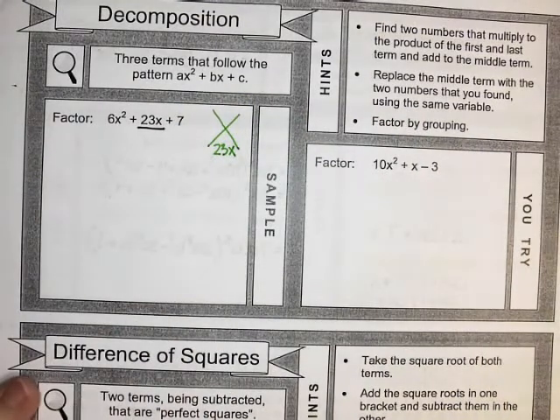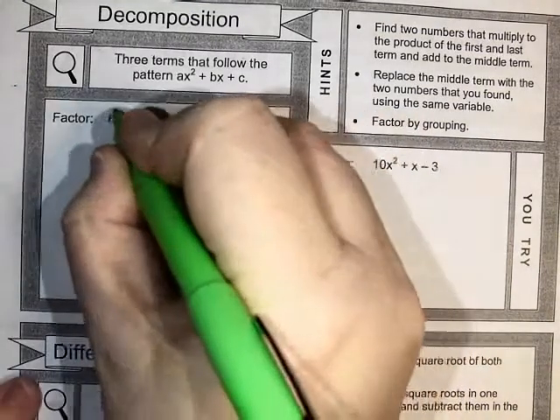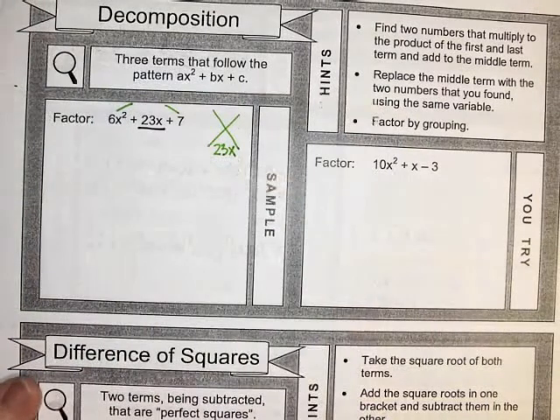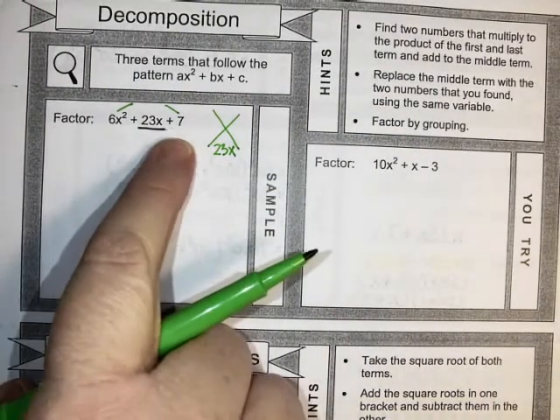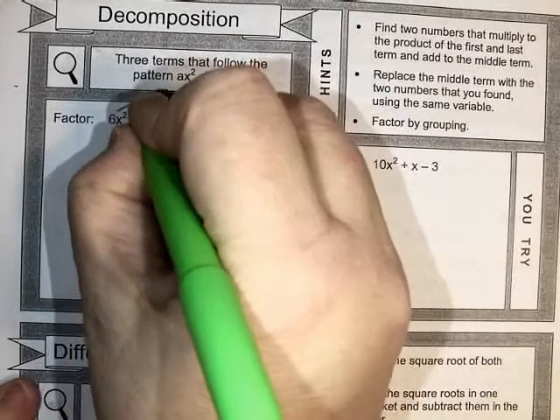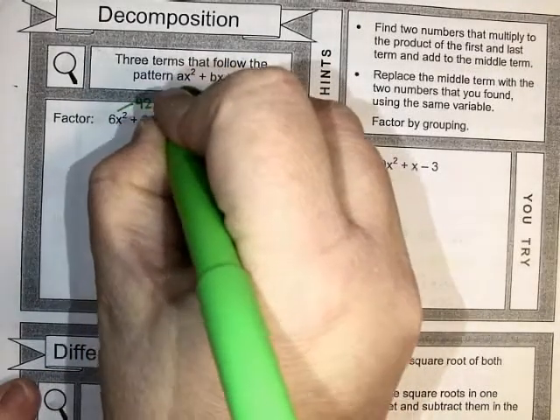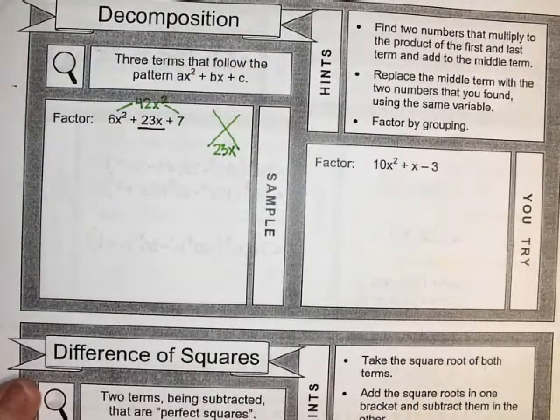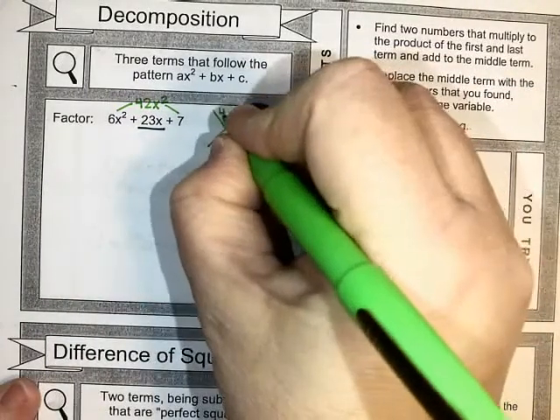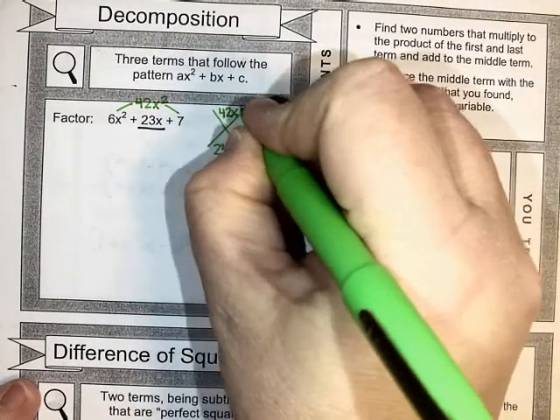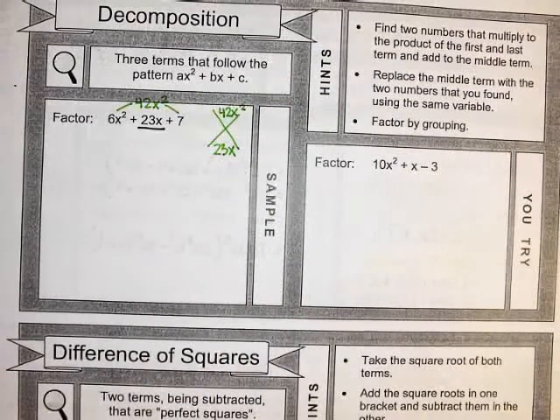The clue is that they also need to multiply to the same thing as the first and last term. So 6 times 7 is 42x squared. I need something that multiplies to 42x squared and adds to 23x.